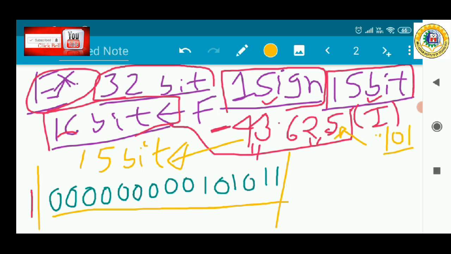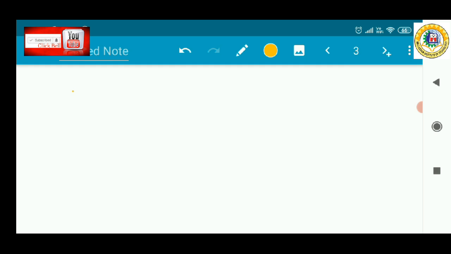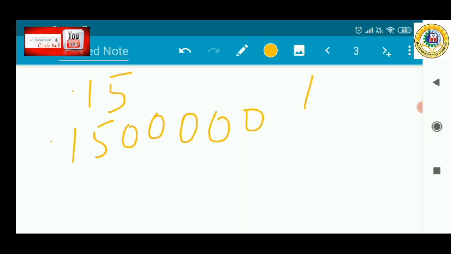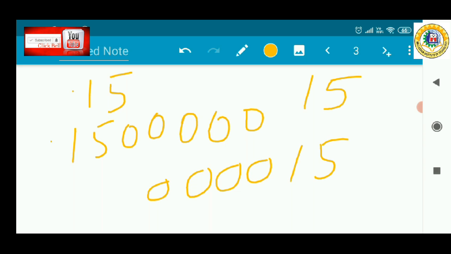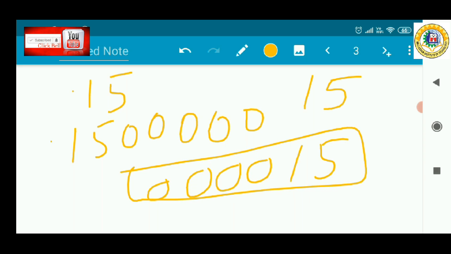In the case of 43 we can use as many zeros before the number as we like, and that does not affect it, because they are before the decimal. After the decimal, suppose we have to represent the number 0.15, if we add as many zeros after it, it will not affect it. Like if the number is 15, we can use as many zeros before that, so it will not affect the number. That concept we have used.